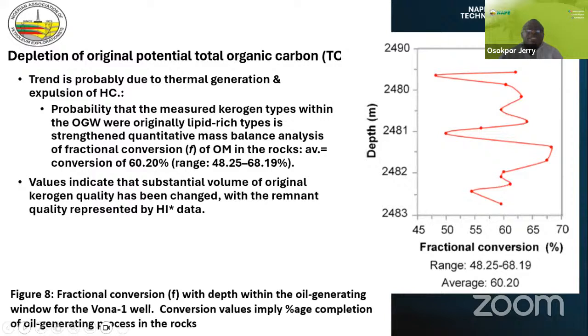It goes to show that in most cases, an average of 60% of the original potential has been used to generate hydrocarbon.